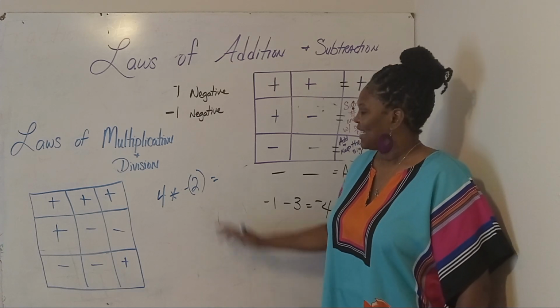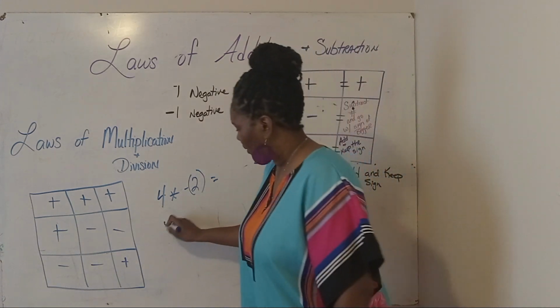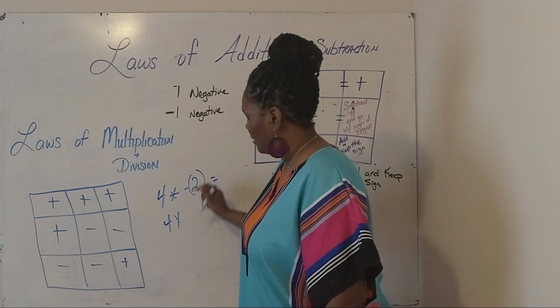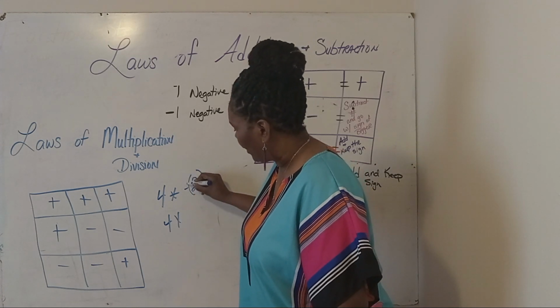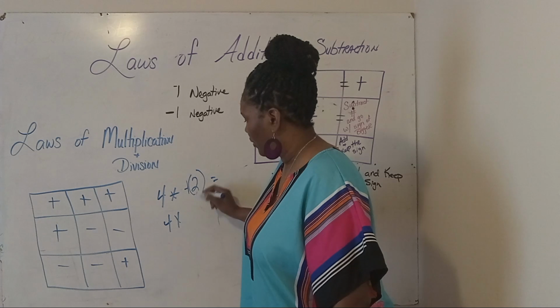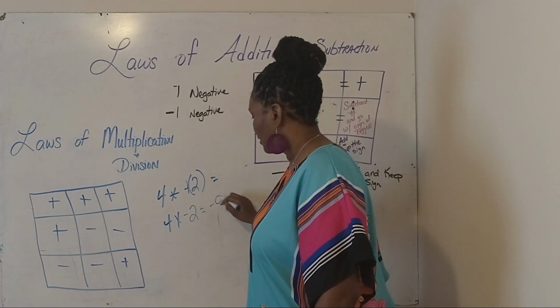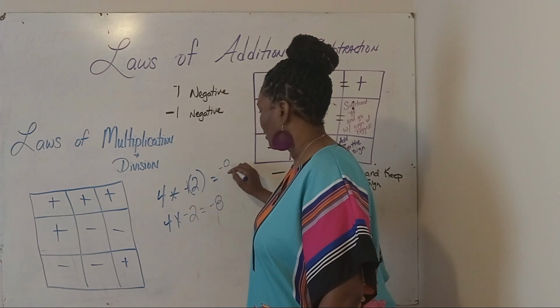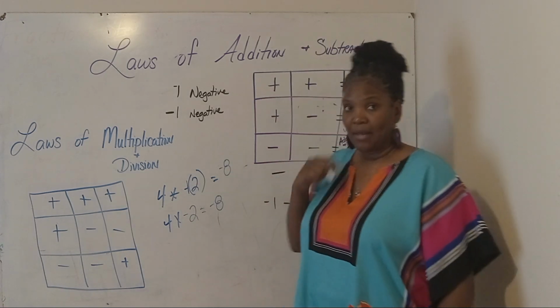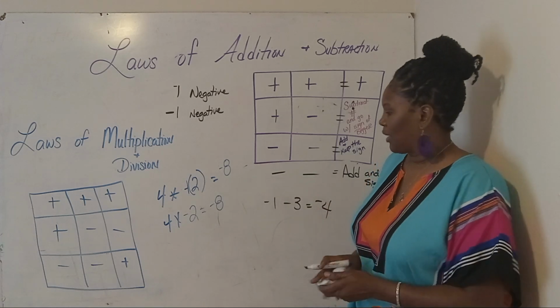Well, guess what? That still equals negative 8, because even though you don't see a 1 right here, it's like having a negative 1 times 2. So it'll be 4 times negative 2 still equals negative 8. Okay? Laws of the signs, okay?